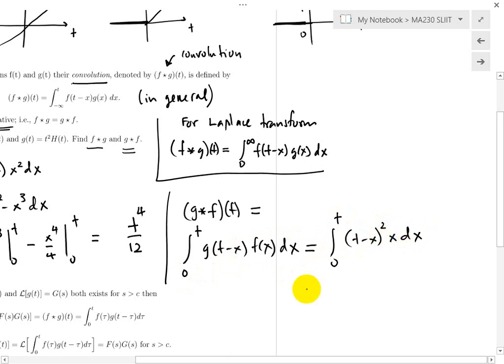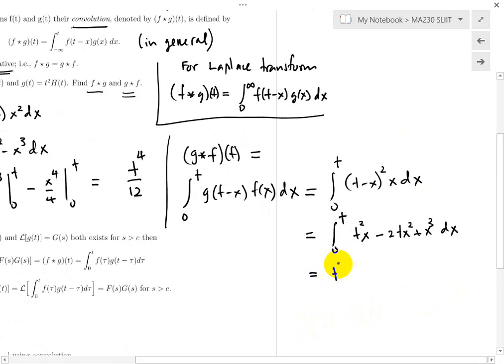So what is this integration? Again, this is easy to do. Here we get t squared x minus 2t x squared plus x cubed dx, right? So this integration you can do, just the algebra part.